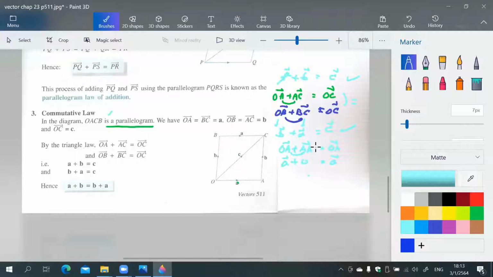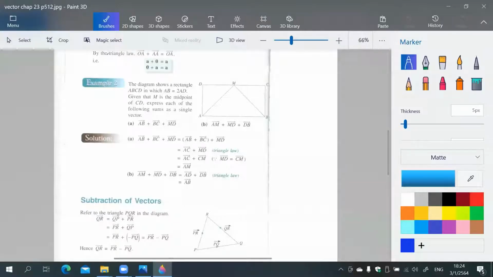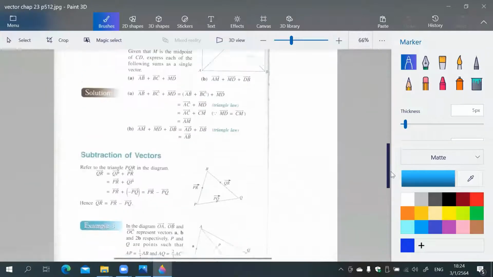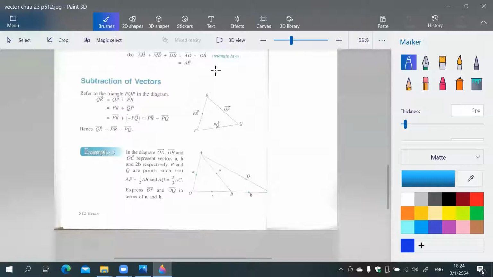Okay, now we go to the next definition, the subtraction of vectors.